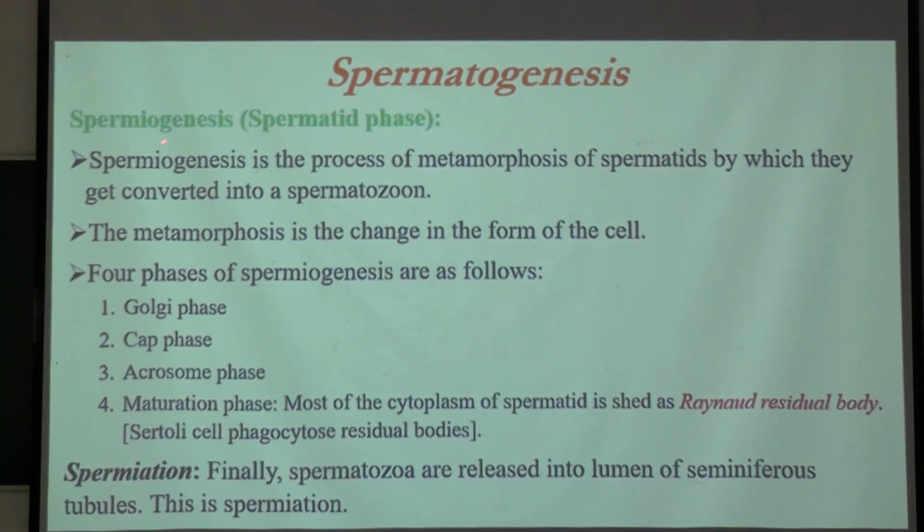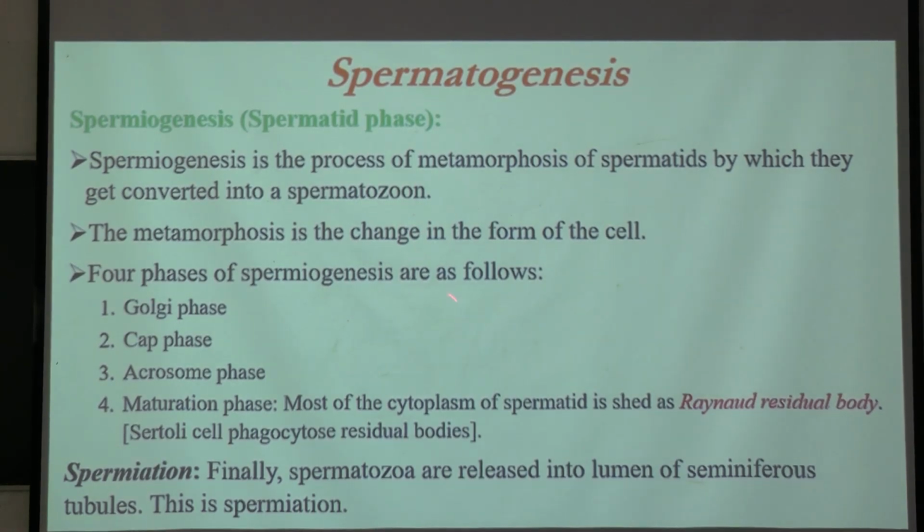Next we go to spermiogenesis or spermatid phase, the third phase. Spermiogenesis is the process of metamorphosis of spermatids by which they get converted into a spermatozoon. And metamorphosis is the change in the form of the cell.